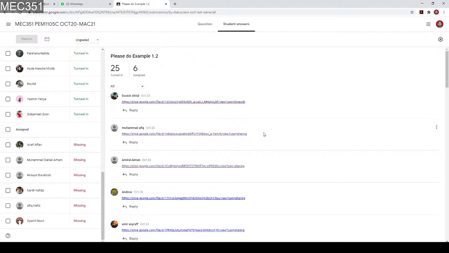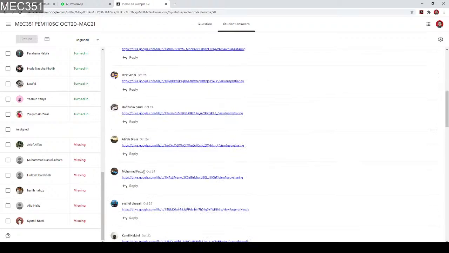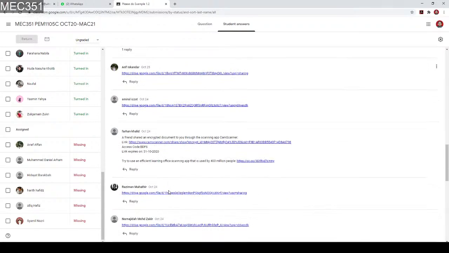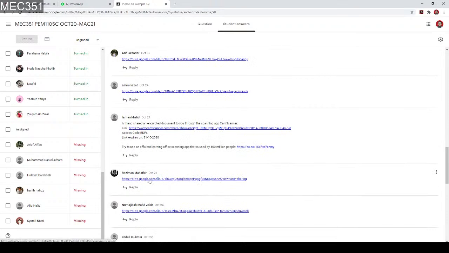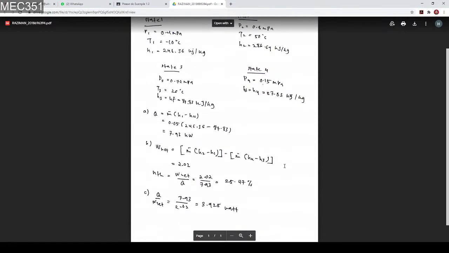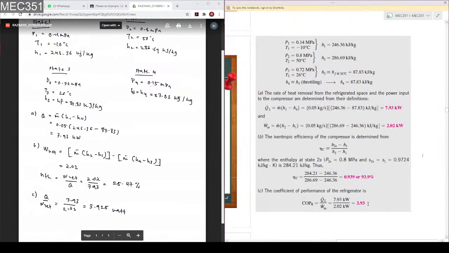Okay, let's see someone's answer. I randomly pick Raziman Mahathir. Final answer, Raziman, 3.925, so 3.93.